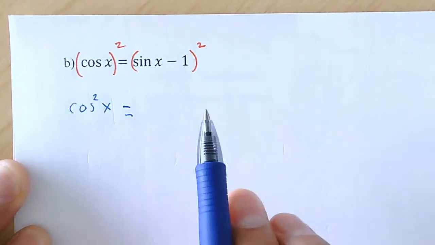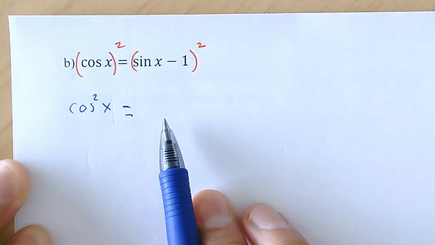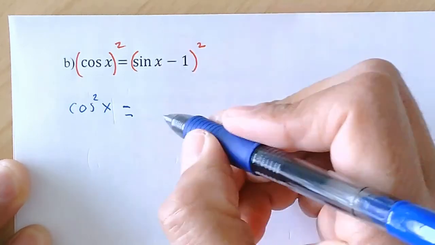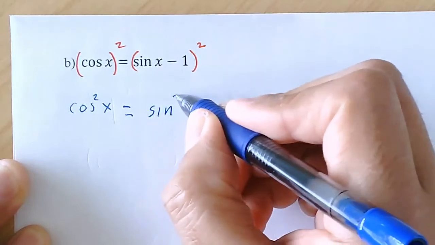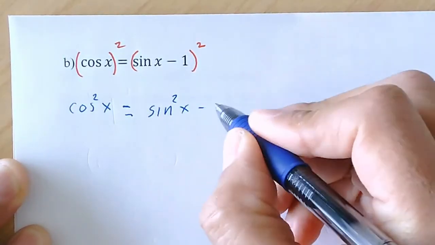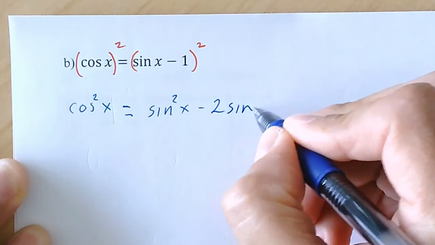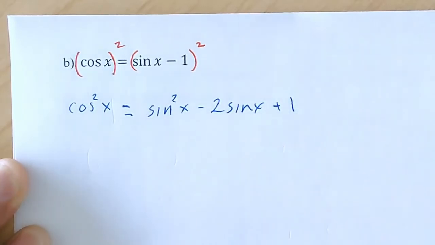So now, again, I'm going to ask you to pause and do a little bit of work. We have to change the cosine squared into 1 minus sine squared. And then I'll be moving everything over to one side. And then I'll be able to factor, I hope. So pause and do a little bit of work.